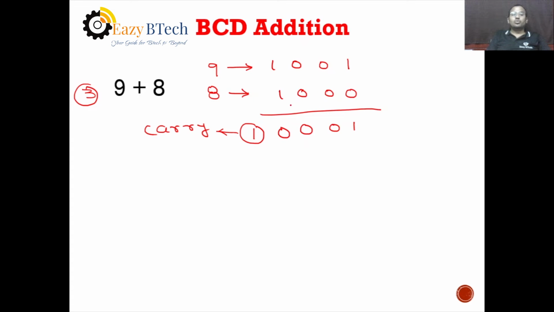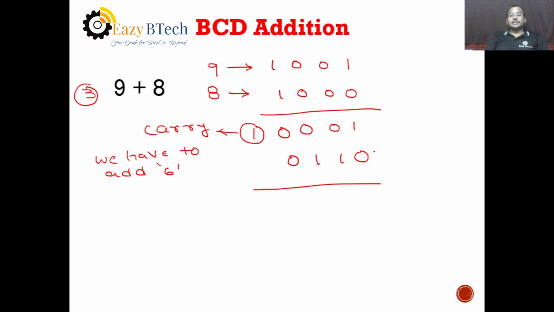So what do we have to do? Whenever we get a carry out of the addition operation or whenever we get an invalid code word, we have to go for the correction. Correction means we have to add 6. The corresponding 6 is 0, 1, 1, 0.